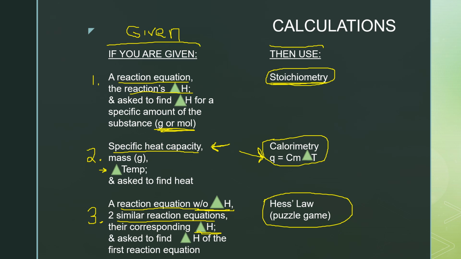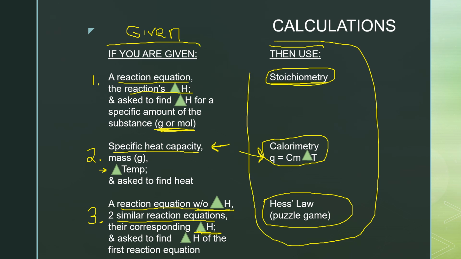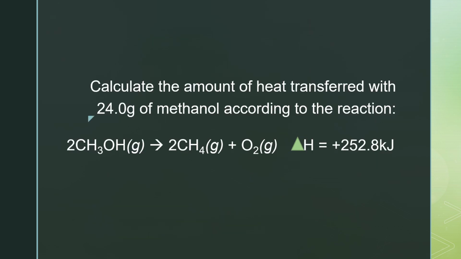So let's look at a couple of word problems, and you don't have to solve these word problems in this video. We're just looking at what type of calculation to use for these word problems. Here's the first one. Calculate the amount of heat transferred with 24 grams of methanol according to this reaction.